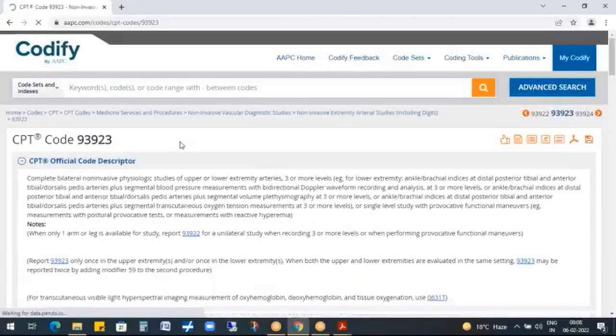Complete bilateral non-invasive. When only one arm or leg is available for study, report 939 only once in upper extremities and or once in lower extremity. You can see how you people will ask me these simple questions.